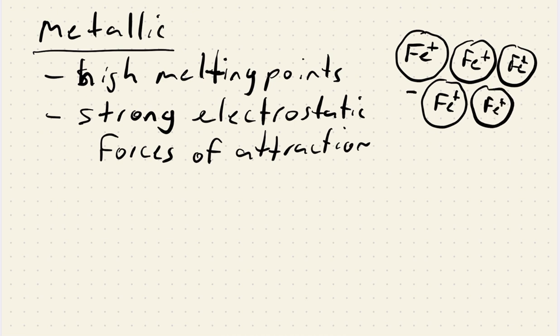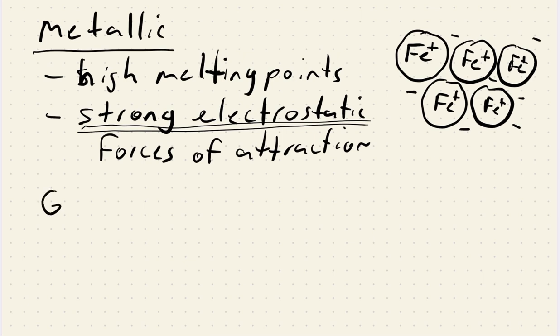And between that, you're going to see these electrons that are free to move. That means that the positive ions are attracted to the negative electrons. And that's what we call strong electrostatic forces of attraction.